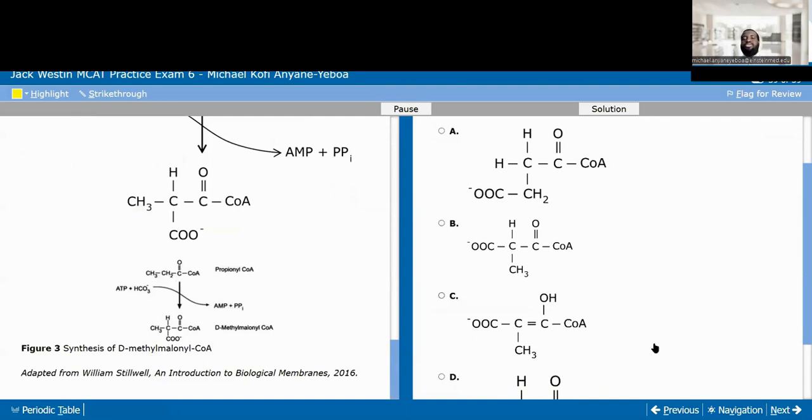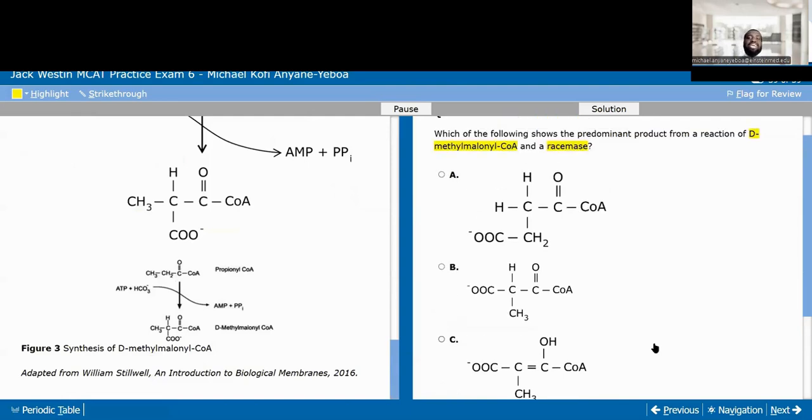L-methylmalonyl-CoA. First and foremost, I'm going to remove anything that doesn't look like methylmalonyl-CoA, because enantiomers have the same structure, but they are just different. They're like mirror images. The side chains are oriented differently. If I look at this first one, I see my CoA and carbonyl.